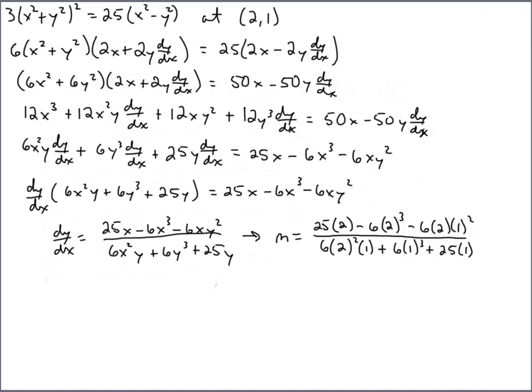If we put all of that together, you get negative 10 over 55.